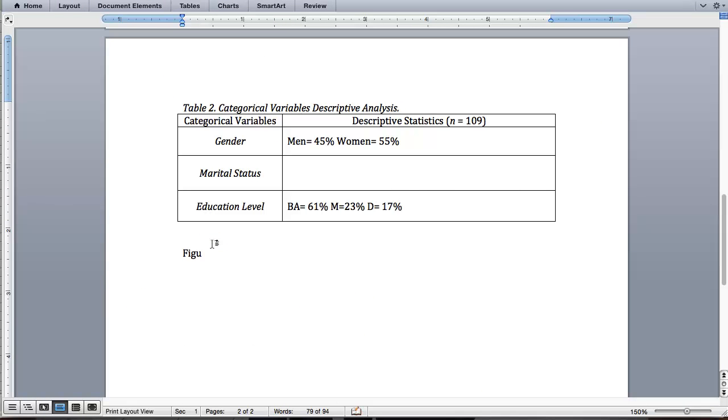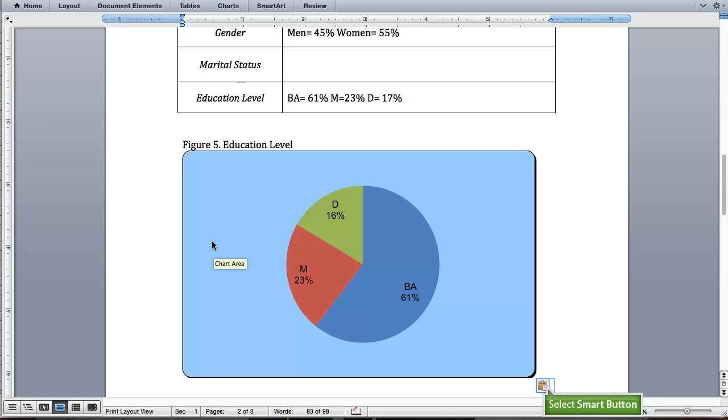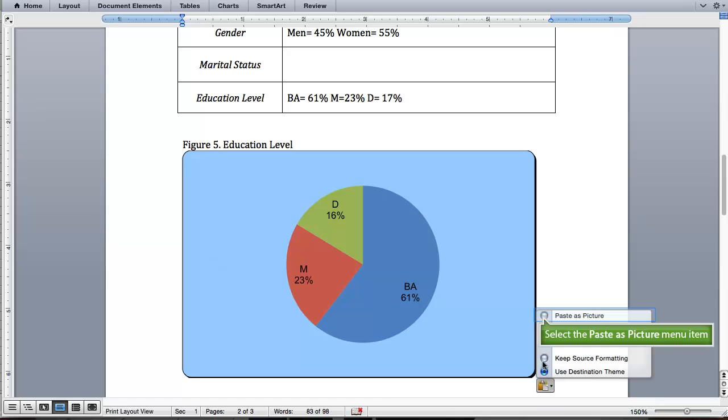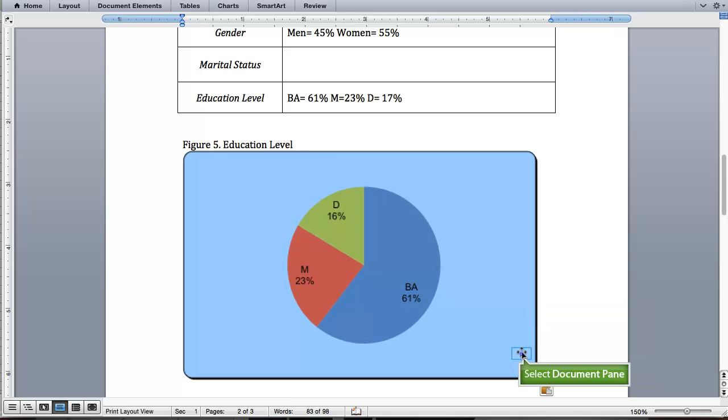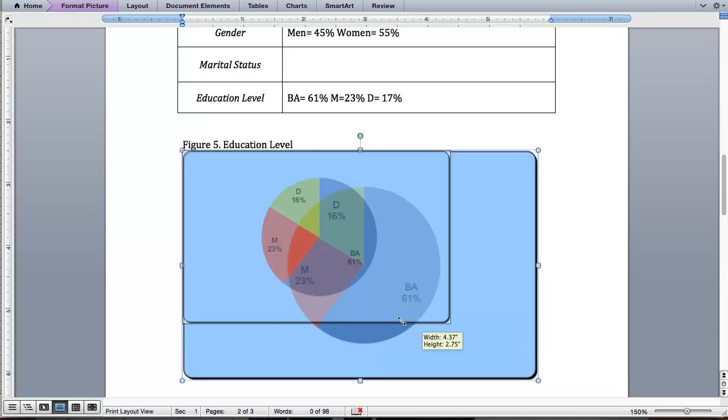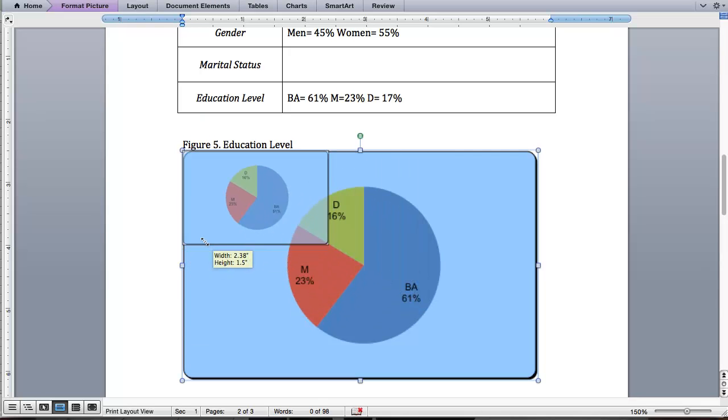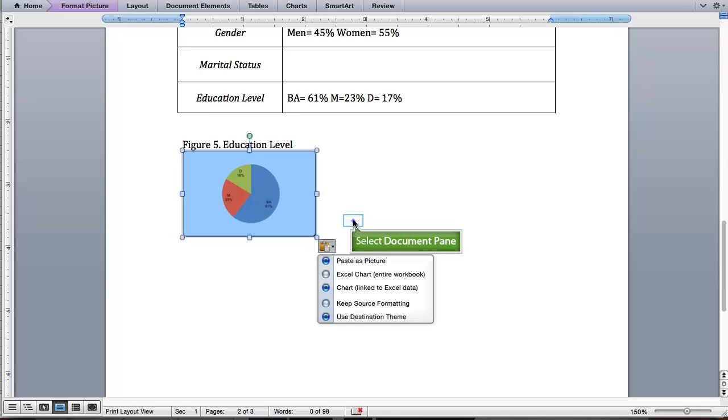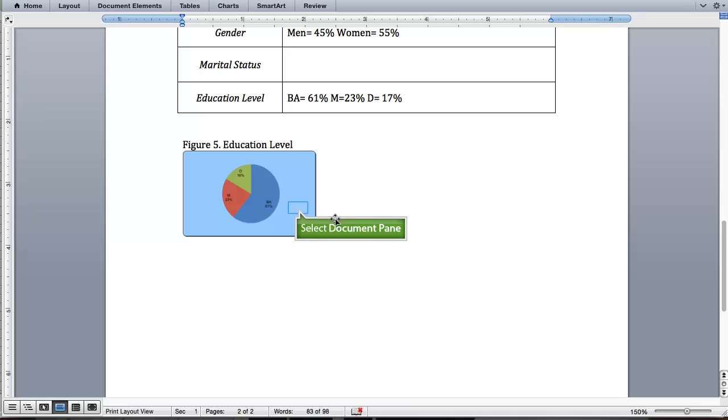This would be figure 5, education level. And now we've pasted, but remember, we want that to be a picture so that it does not stay linked to Excel. And we could shrink it down a little so that it doesn't take up so much space.